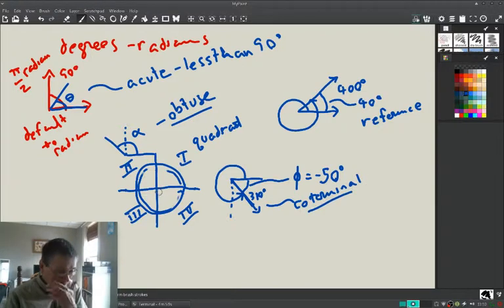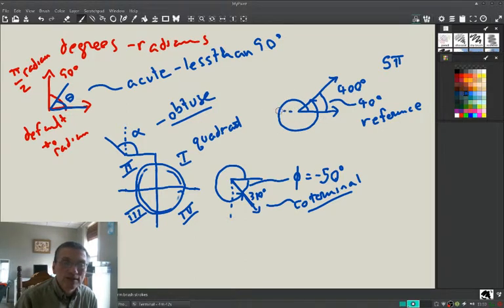Alright, so we have quadrants. We have angles larger than 360. We can talk about 5 pi. An angle that's 5 pi is going to go 2 pi, 4 pi, and then another pi. That's going to be the same as the reference angle for 180, or reference angle of pi.